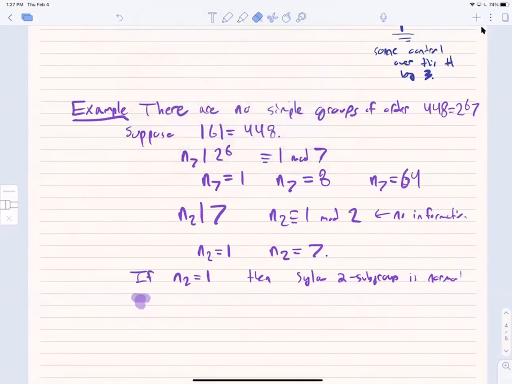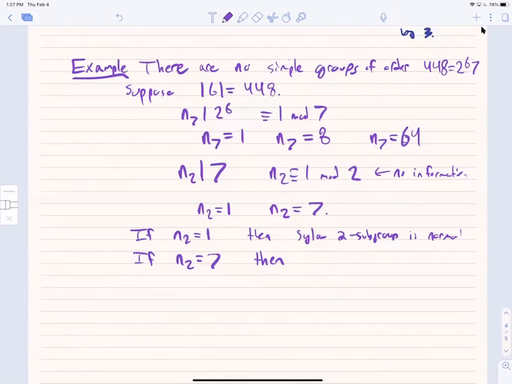So if n2 is equal to 7, then we can look at the action of G by conjugation on this set of Sylow 2 subgroups.